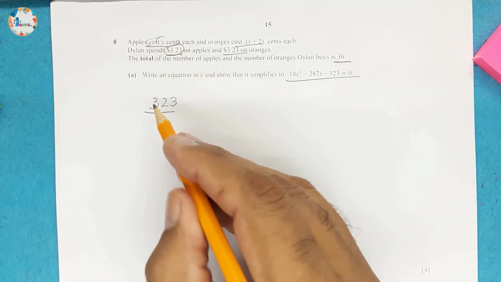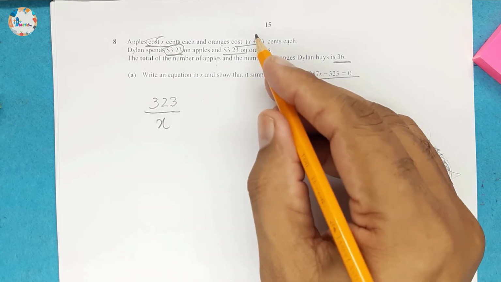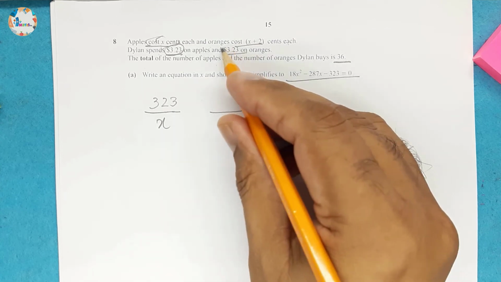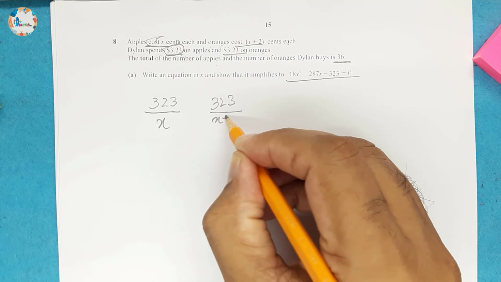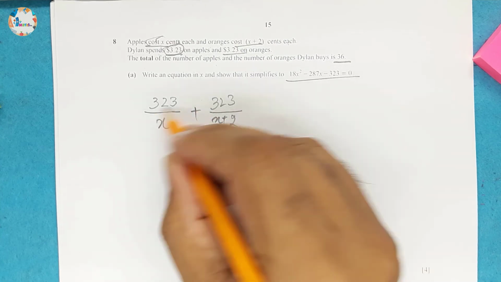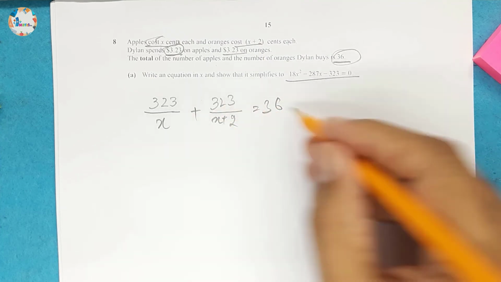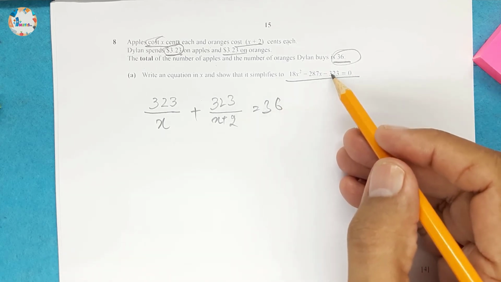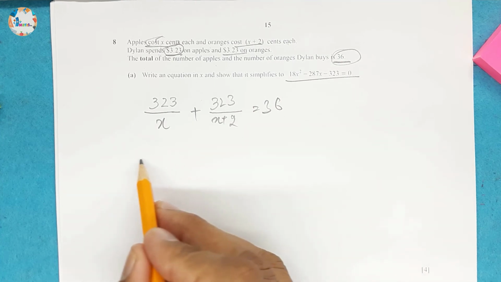Each apple costs x cents, so this will be the number of apples, and the number of oranges will be basically the same amount, 323, divided by x plus 2. Adding these two results in 36. This is basically the algebraic equation. We have to form the algebraic equation and then show that it simplifies to this quadratic equation. So we will take the LCM on this side.